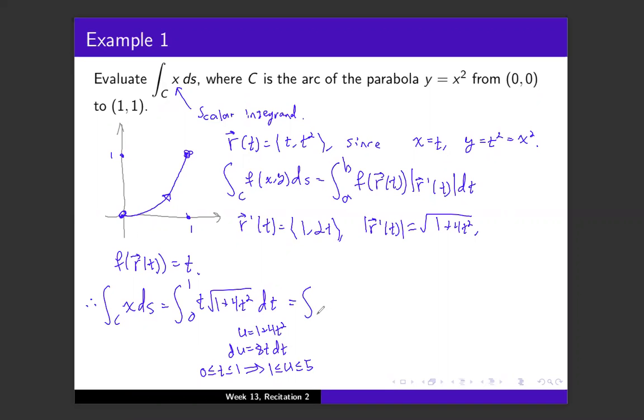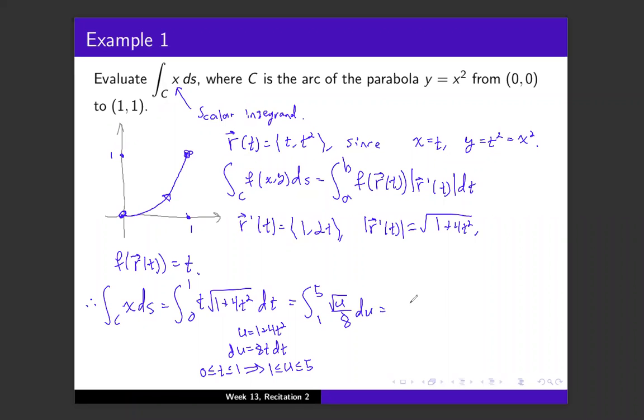So that's going to give us, changing the bounds of integration in this case, the integral from 1 to 5 of the square root of u over 8 du.